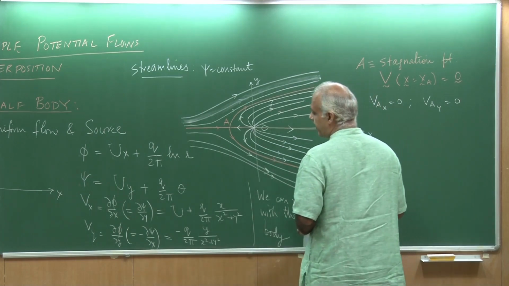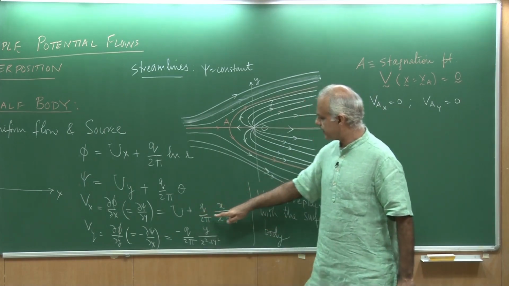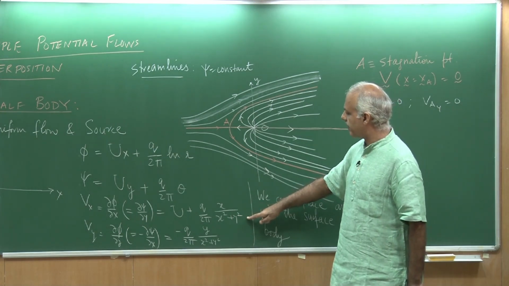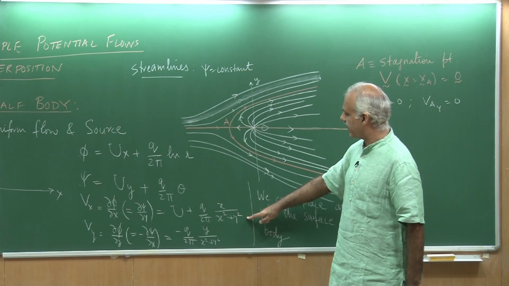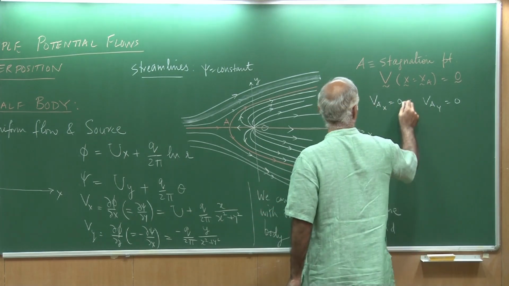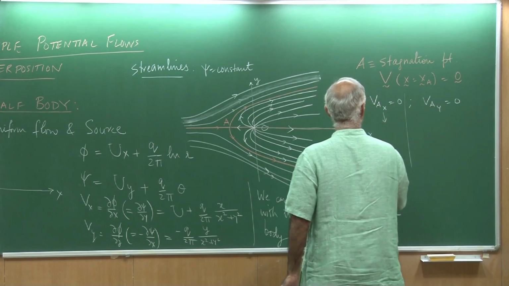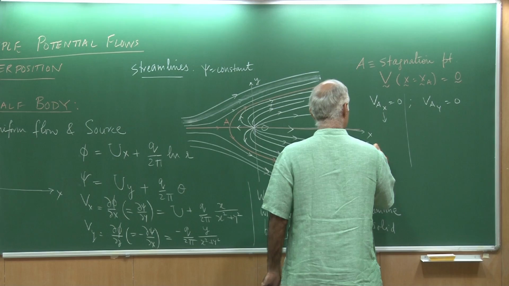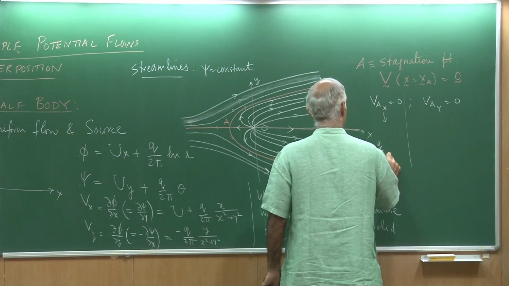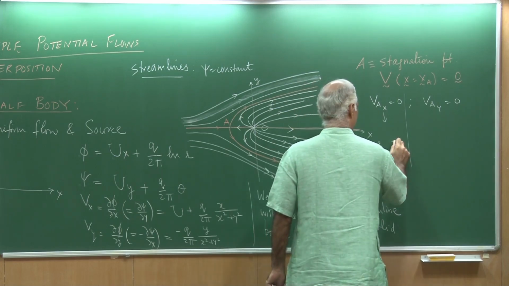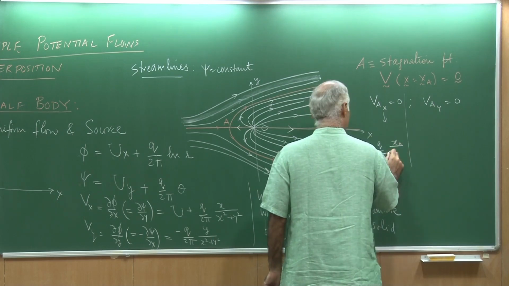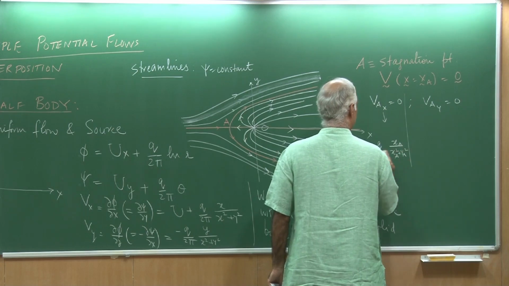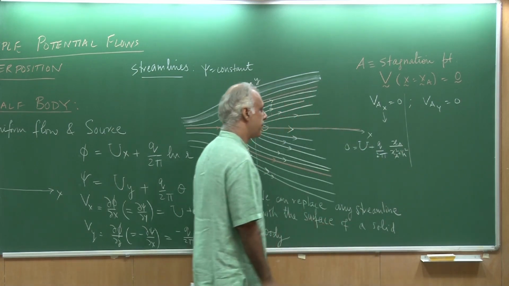So first let's take v_x equal to 0. So that's this part. That clearly implies that u plus q by 2 pi x_a divided by x_a squared plus y_a squared is 0.